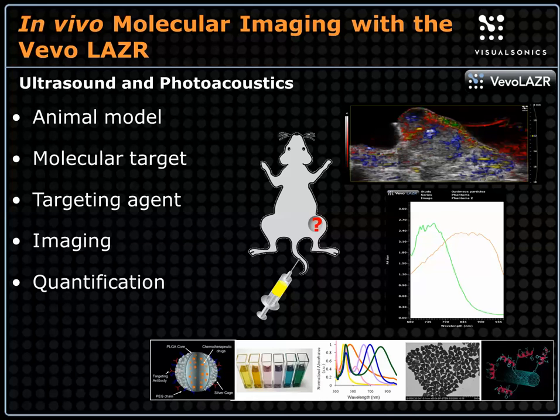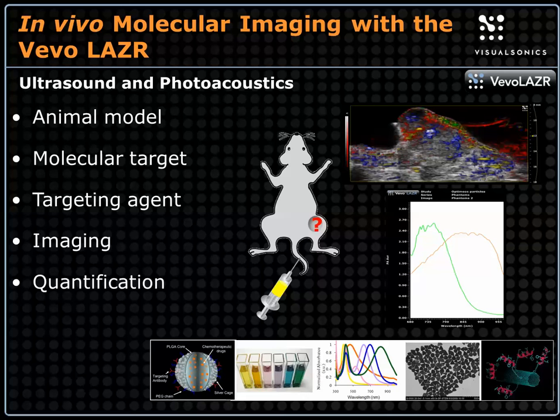I just want to finish off by summarizing what we've talked about today, talking about this in vivo molecular imaging, talking about the animal models that we can use and the non-invasive nature of photoacoustic and ultrasound imaging, where we can do these longitudinal studies using targeting agents, and there are many under development for photoacoustics.